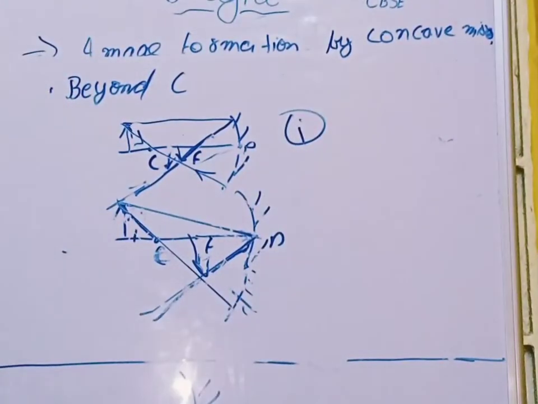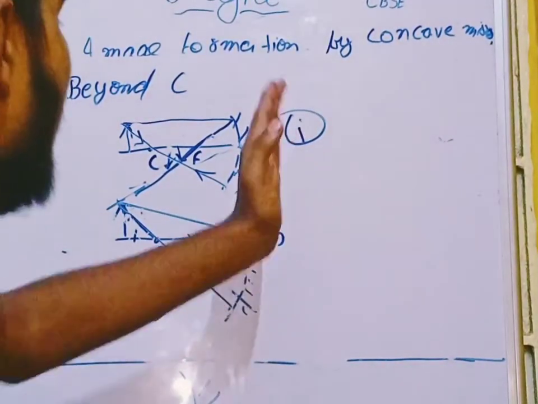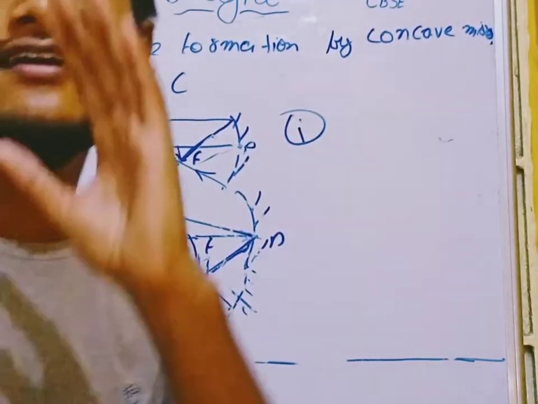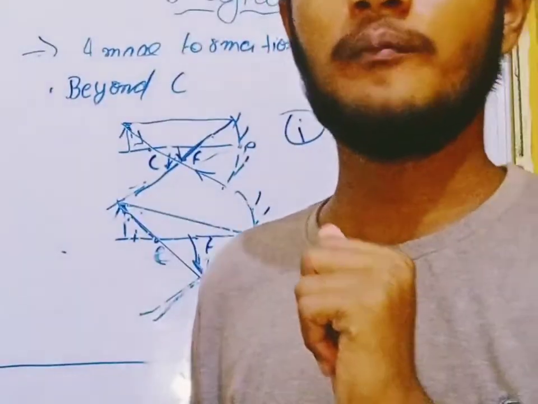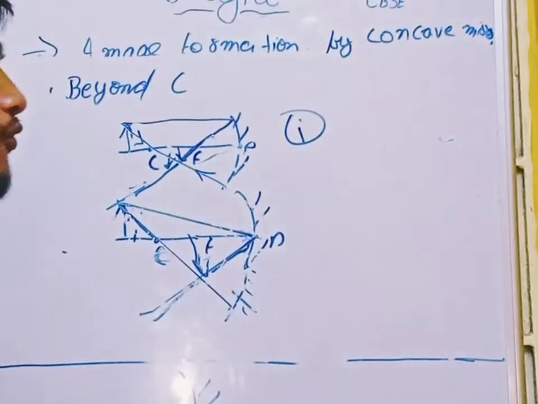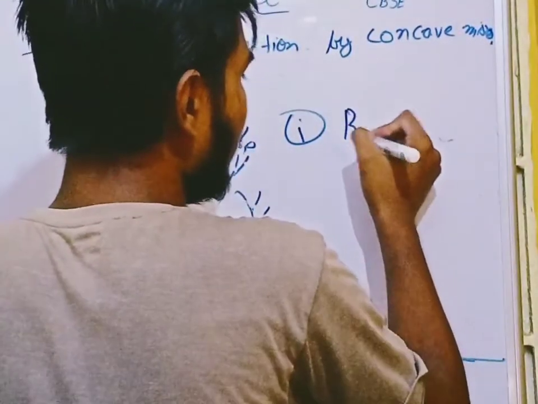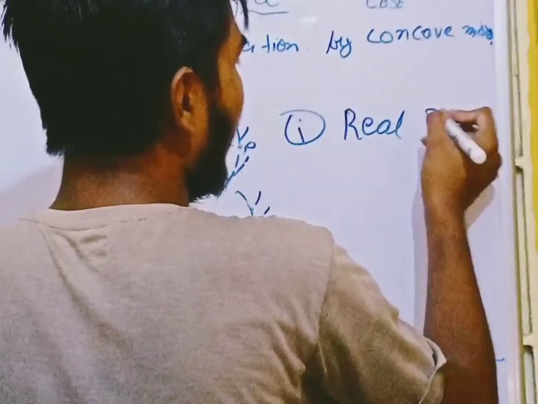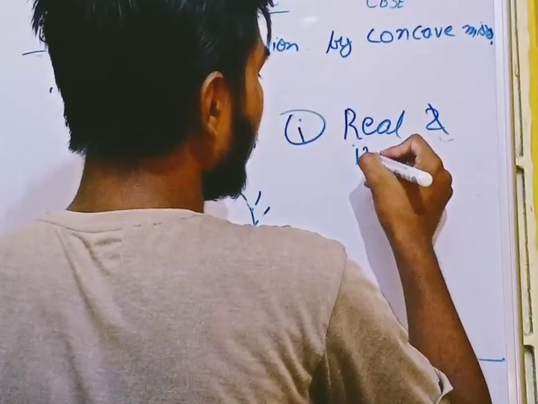What I told you, whenever it is on the left side of a mirror, then it is going to be formed real and inverted.